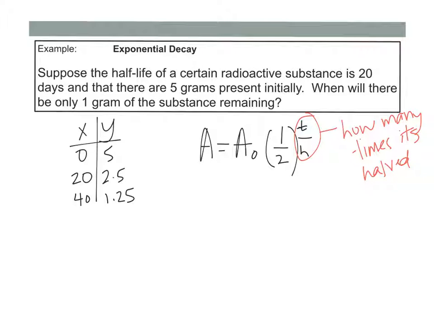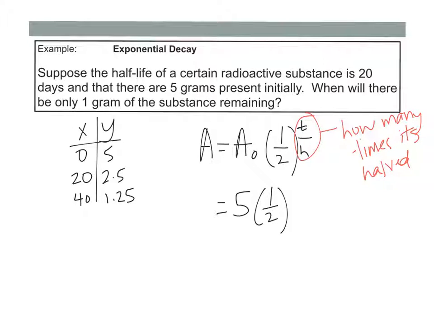Here, when it asks when will there be only 1 gram remaining, I know that my A naught is 5, because that's the initial amount. In physics and in math, that little o usually means initial. Then 1/2, and the half makes sense as well.